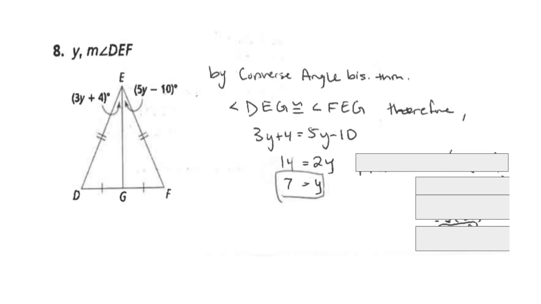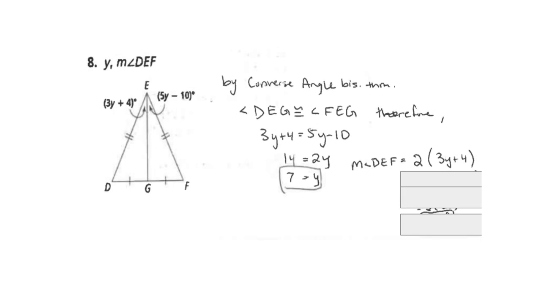Now you can see I got 7 for y by solving for it. And then next, we just have to find DEF, which I said is just 2 times one of those angles. So you can pick either equation. I'm just going to work with the DEG equation and then double it at the end.